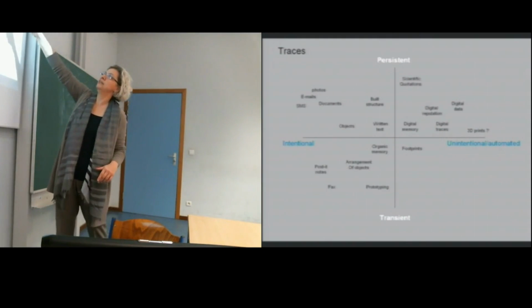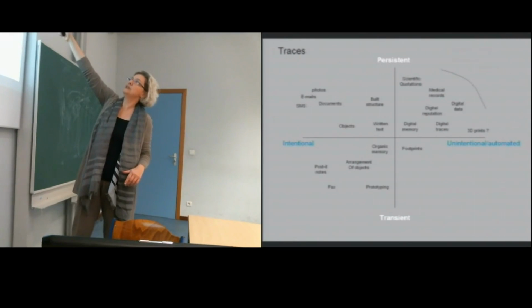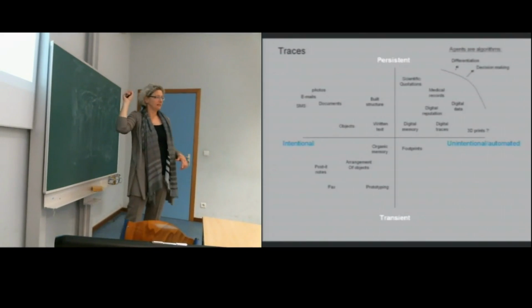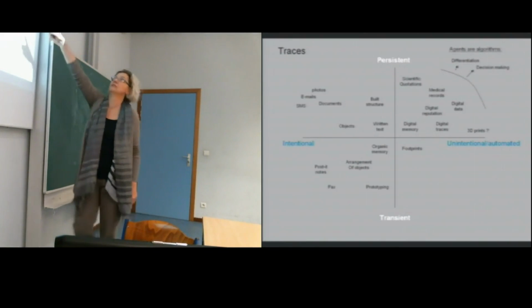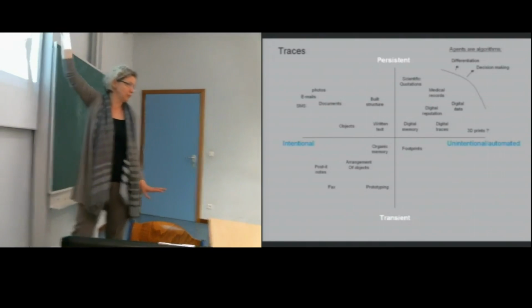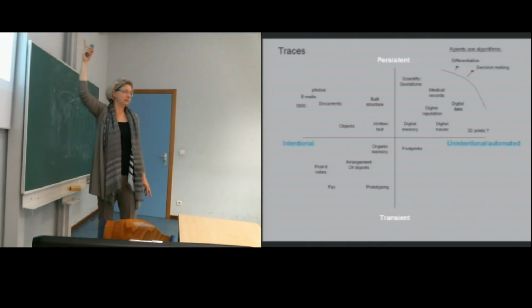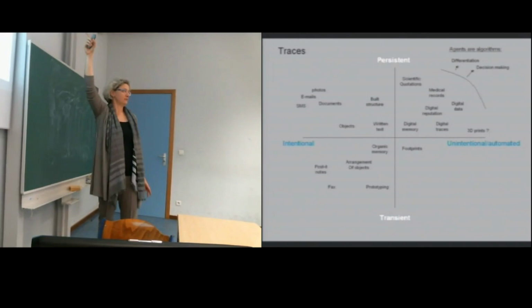from digital data, digital reputation, medical records, I actually get another space, another Stigmergy space that operates on this first operation, so I don't even know how to define it. But there is here actually a new Stigmergy operation where the agents are algorithms.